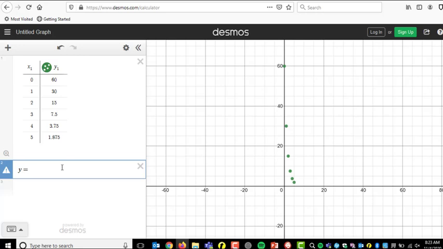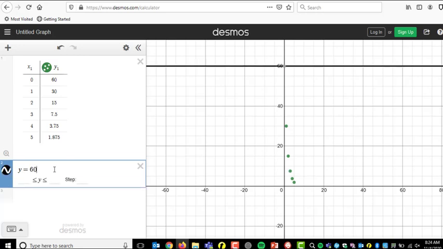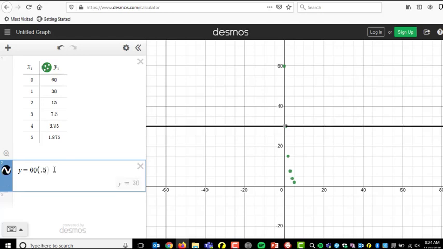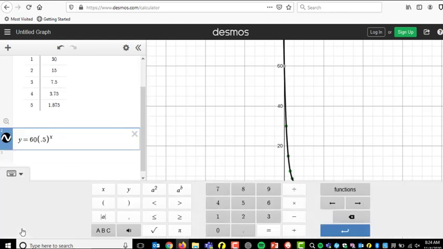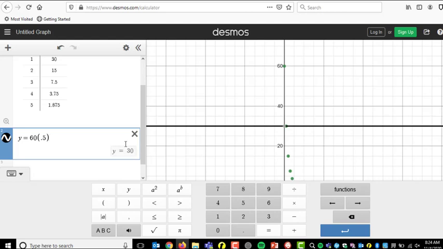And then I'm going to type in my equation. So it's crossing the y-axis at 60. In parentheses is my common ratio. And I raise that to the x power. So we have a couple options on that. You can hit Shift 6 and then put the letter X. You also can go down to the keyboard and you can use this A to the B. Okay, so I'll show that here real quick.